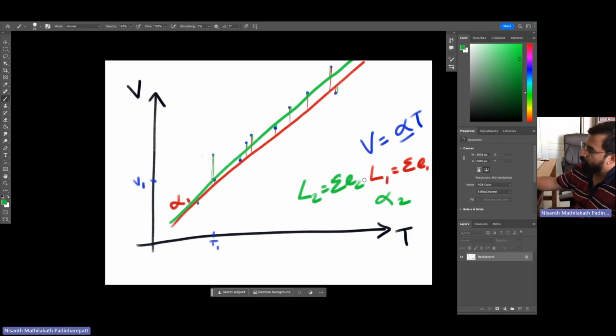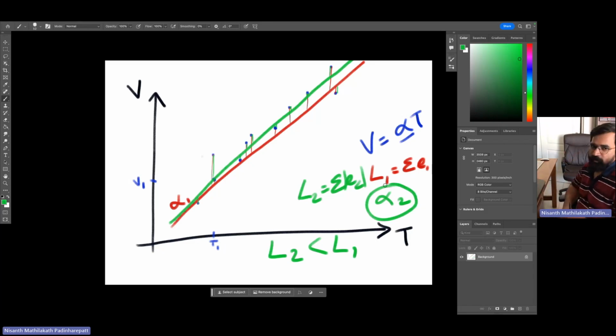E is the small value, the single errors, and L2 is the sum. We basically take the modulus of it, the absolute value, and sum it. So now it looks like L2 is less than L1, right? L2 less than L1.